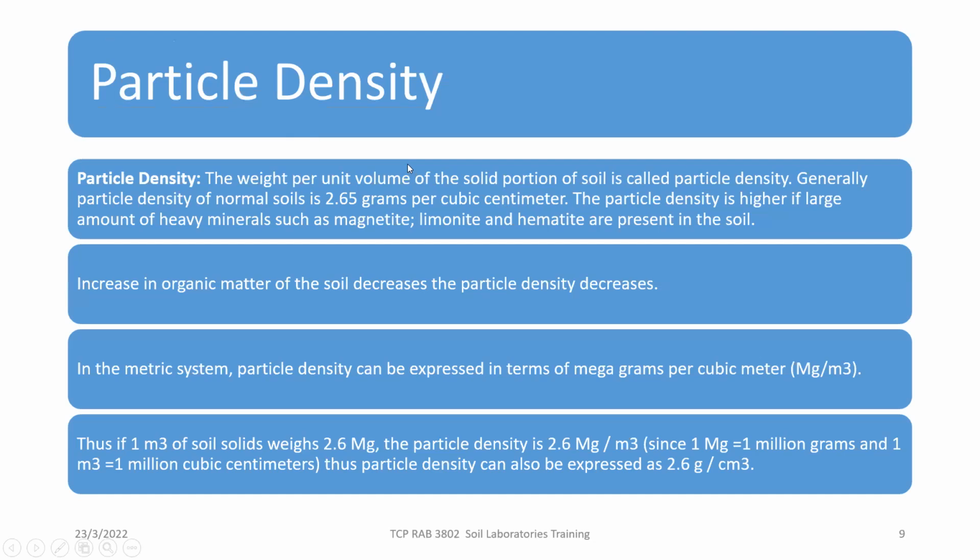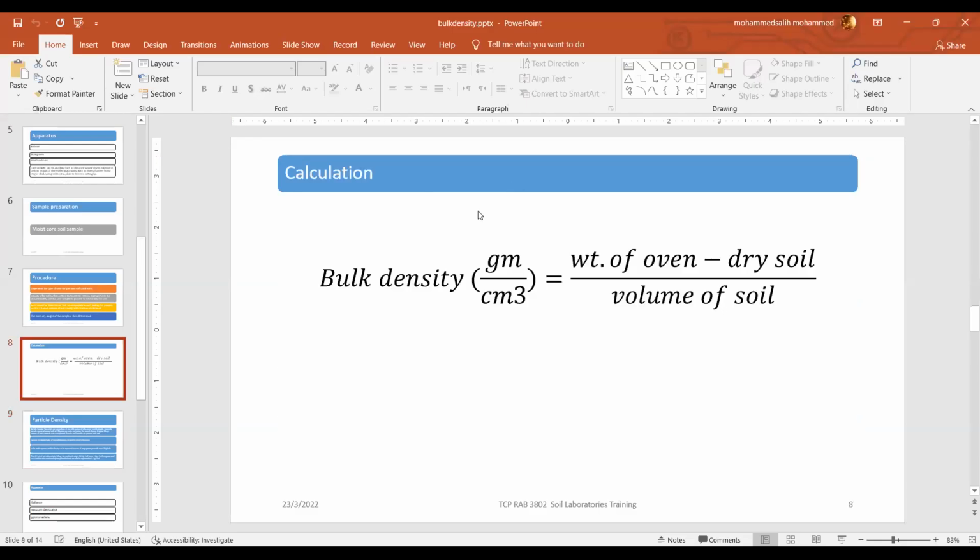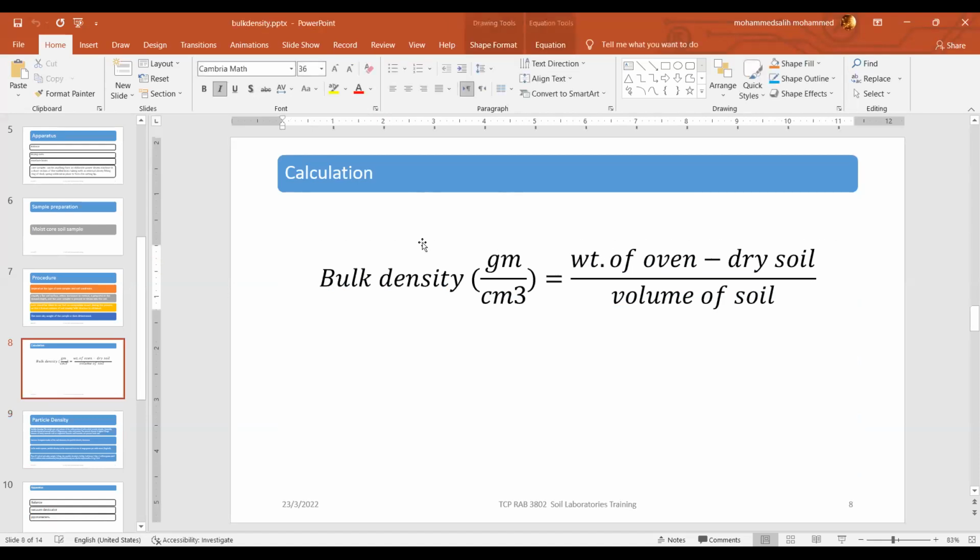We continue with the particle density, or we can wait here a moment to discuss this? What do you think? Doctor, I think there is a problem with the equation. Yes, not so, the oven dry over the volume. We have to remove the wet.